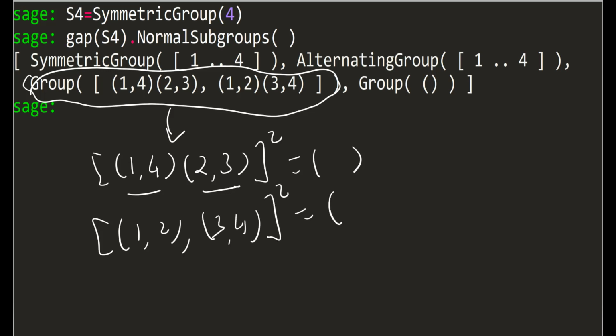Even this squared will be the identity. And if you multiply these elements, you will get a third element. Why don't we use Sage Math to do all the calculations? Because now we know how to multiply permutations. So we'll just go ahead and have these calculations in Sage Math.